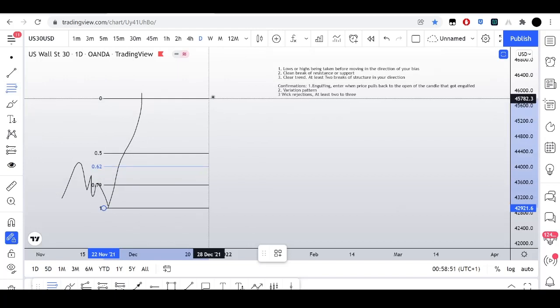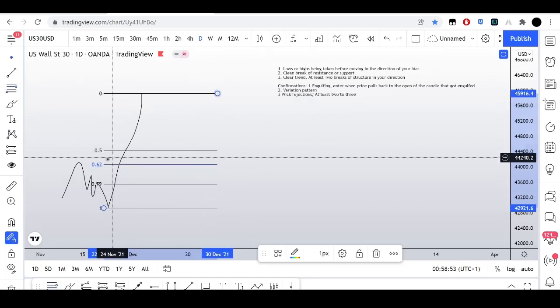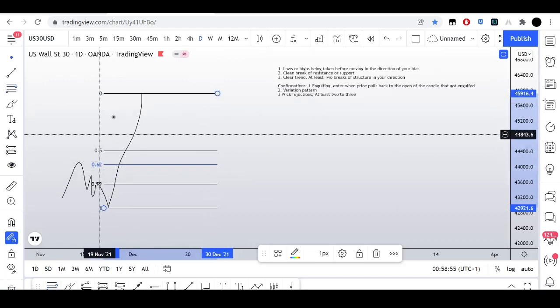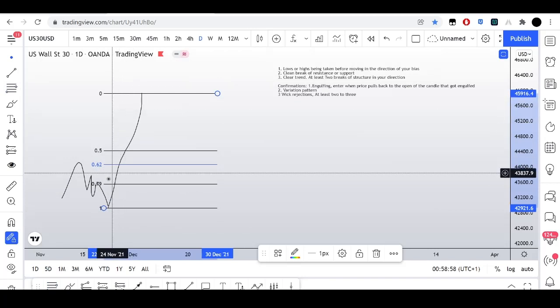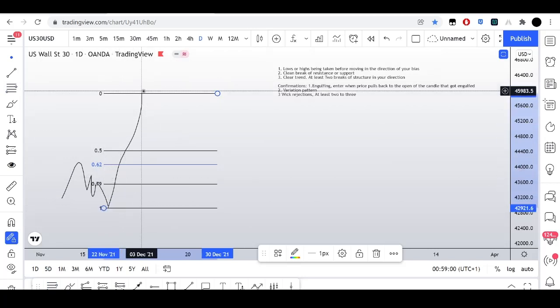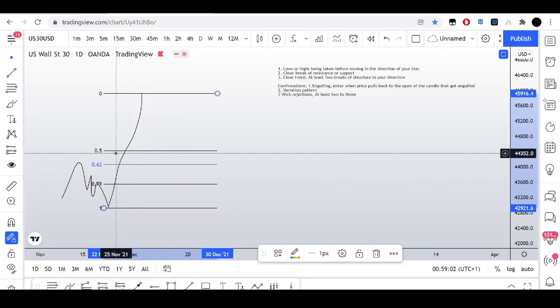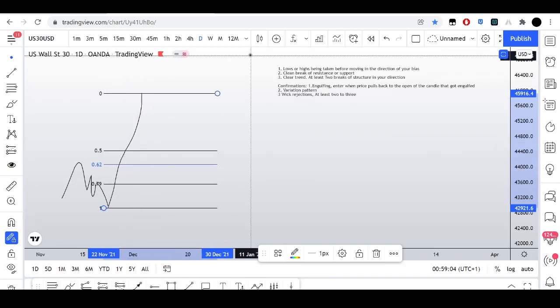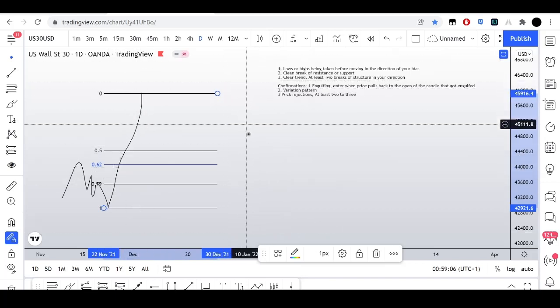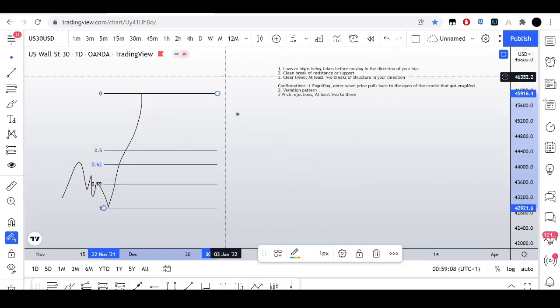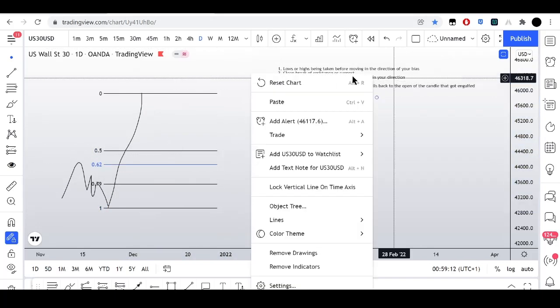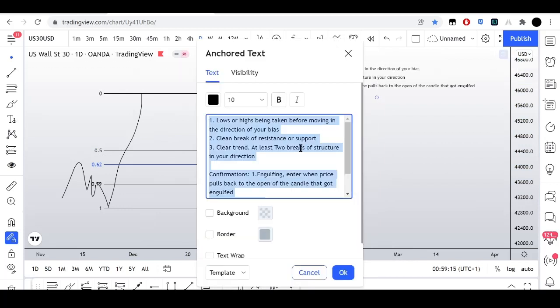Below 50 is a discount, and above 50 is at a premium. So whenever you're bullish, you want to buy below the 50. You want to buy in discount. And whenever you're bearish and you have a structure with a displacement down, you want to sell above, in premium. So that's another thing, so let's go on and write that down.